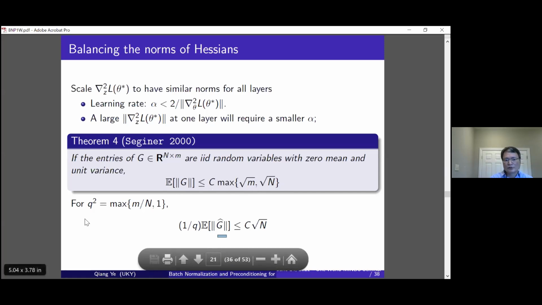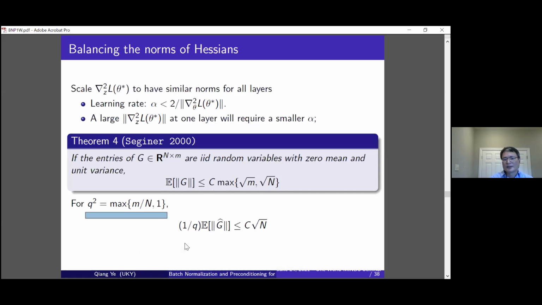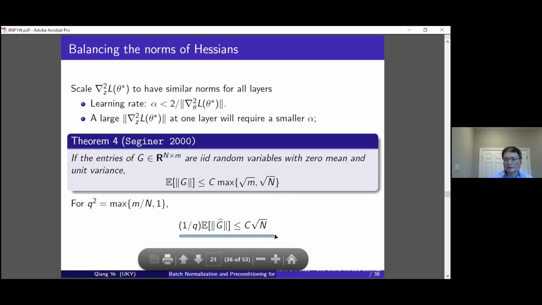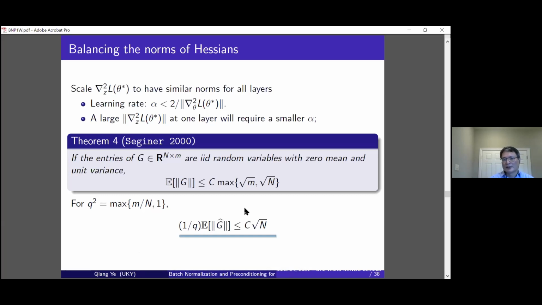So it turns out if I use Q to be this number and scale the norm of G hat by Q, then the expected norm of G hat is bounded by C times square root n. Now n is the mini batch size. M is the number of neurons in the hidden variable in the layer.